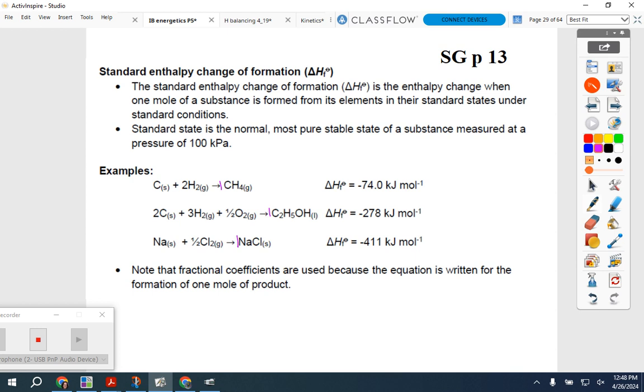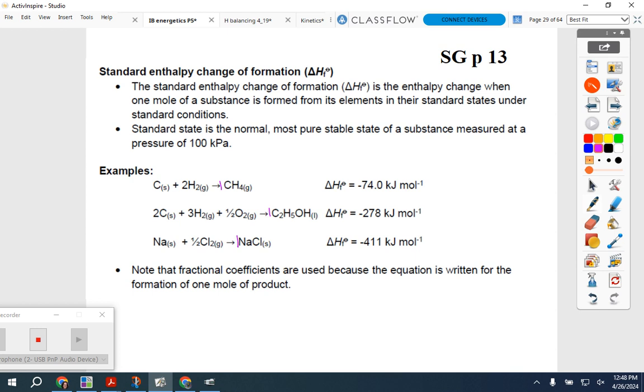And you do not write this as O by itself. Half of O2, half a mole of O2 is not 1 mole of O by itself, because there is no such thing as O by itself in a standard state. So it is going to be 1/2. Okay, so you are going to see that in some of these reactions. Okay.